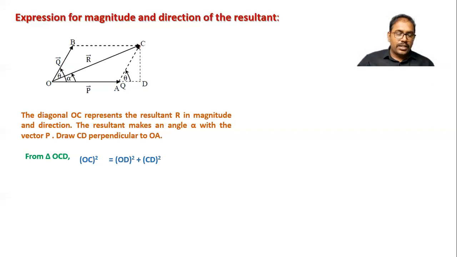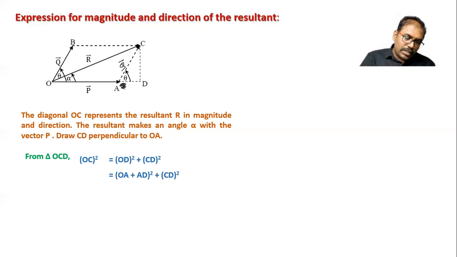Now after that, this OD we can write as the addition of what? OQ and QD, sorry, OA. Here they have written the name A, and here this is a Q, so I erase this Q. It's a printing mistake.